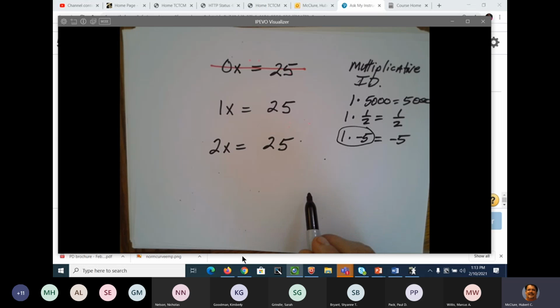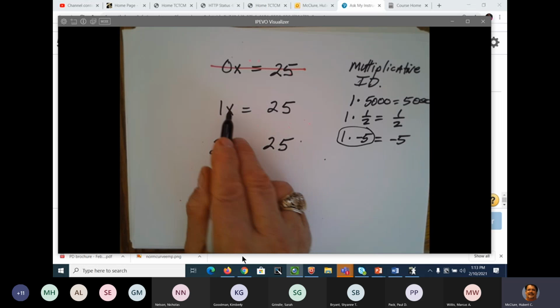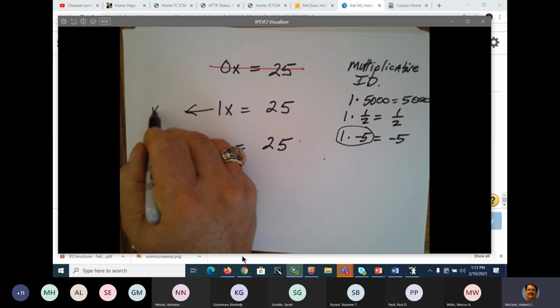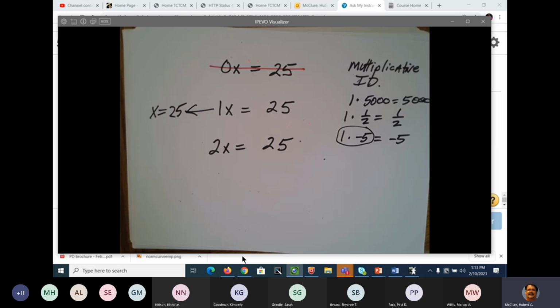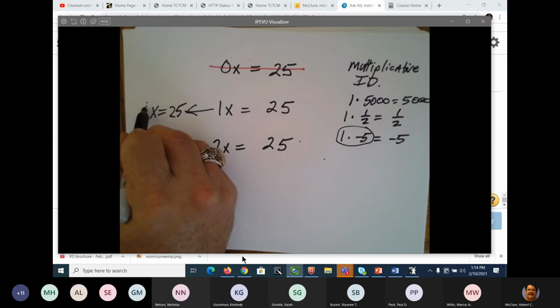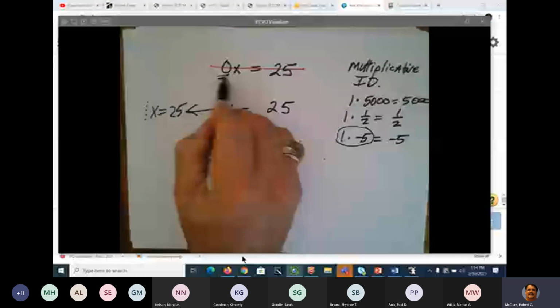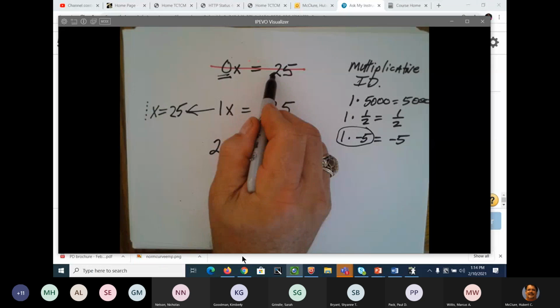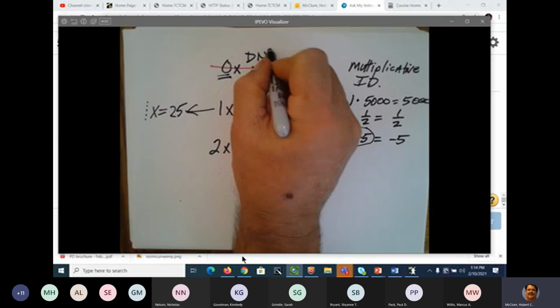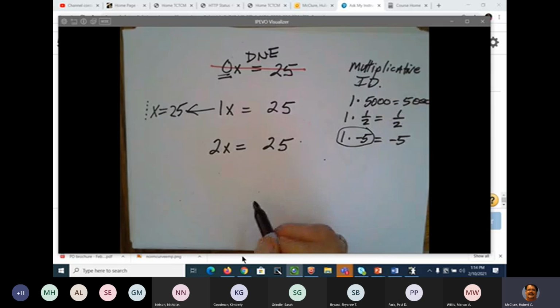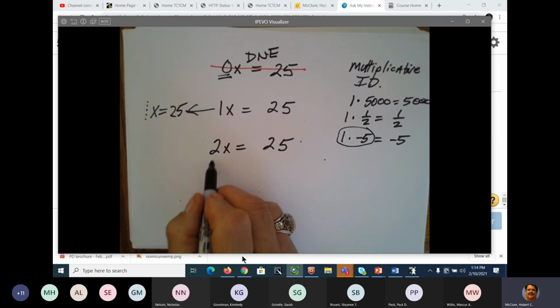So instead of having it there, a lot of the times we just write x is equal to 25. So if you ever see a variable sitting by itself, what coefficient is always in front of it? 1. Because it can't have 0, because this doesn't exist. And if it was a 2, then it would have a 2 in front of it.